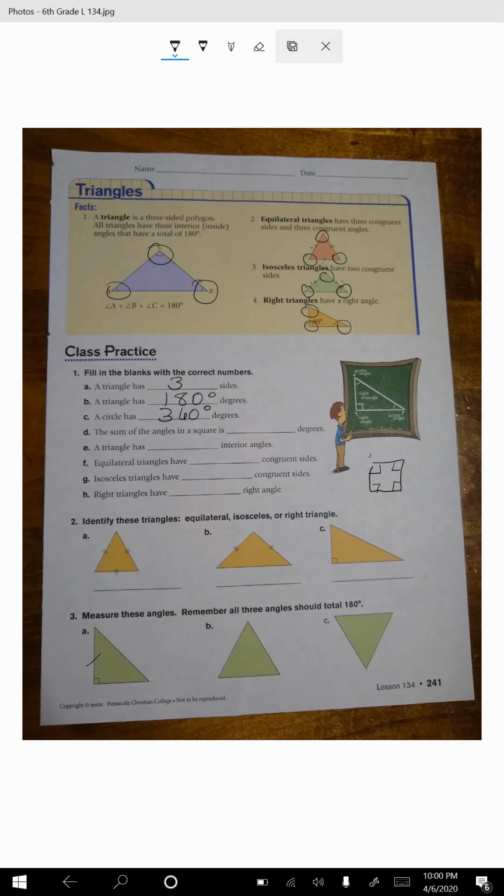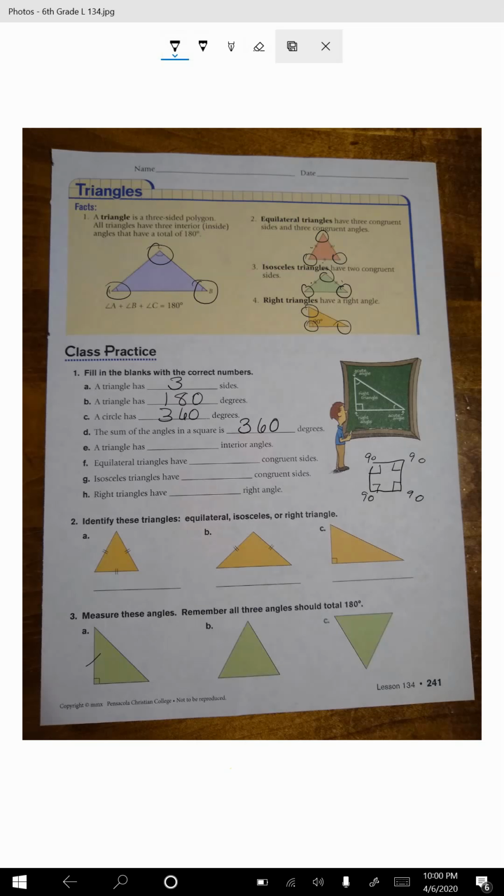So that means they're all 90 degrees. So what would 90 plus 90 plus 90 plus 90 be? Did you get 360? Good job. I'm writing these little degree signs, and I probably don't need to because I already have the word right there.